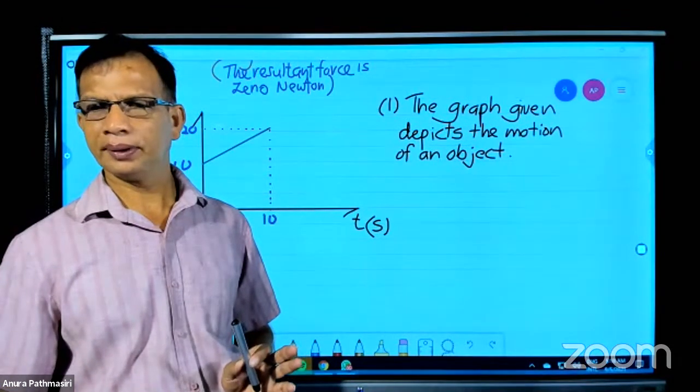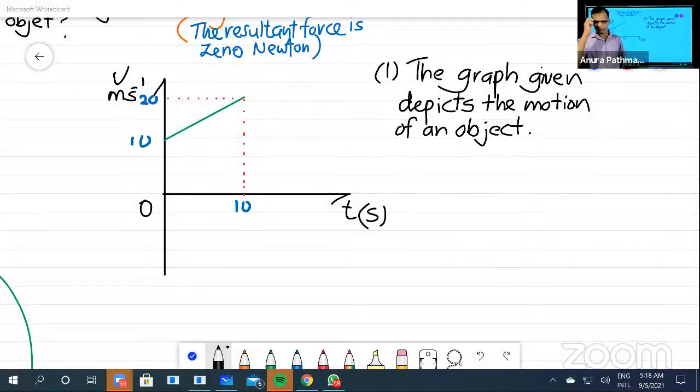For your convenience, I'm going to share it. The graph given depicts the motion of an object.